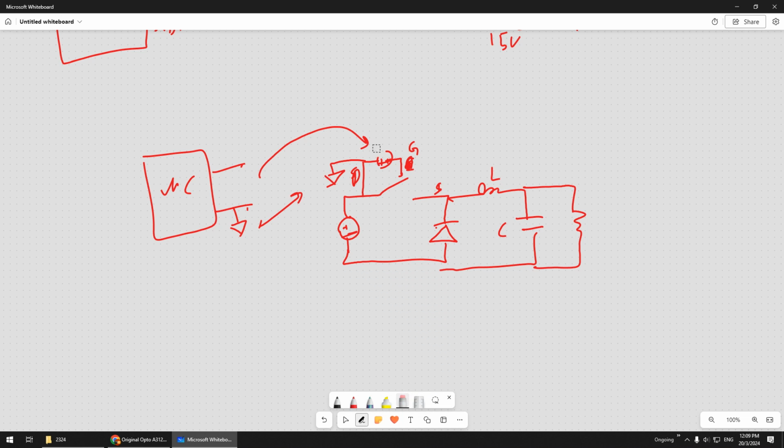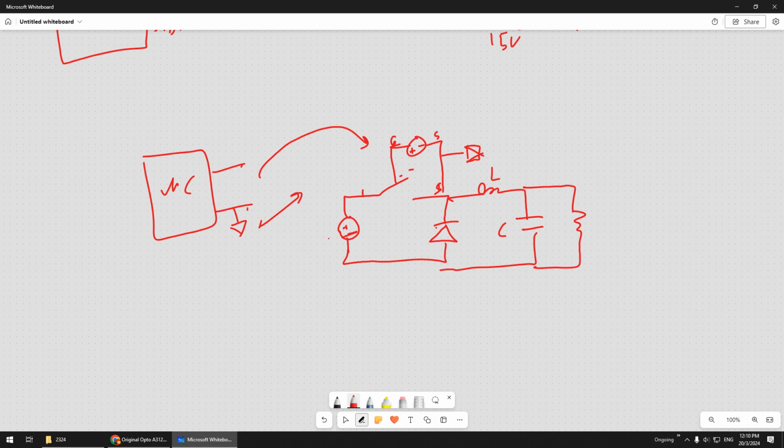Okay, maybe I redraw this. So this one positive, negative, and then this one is G, this one is S. Okay, and the ground here is here. Okay, something like this.